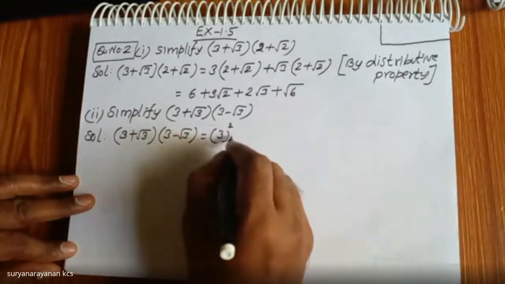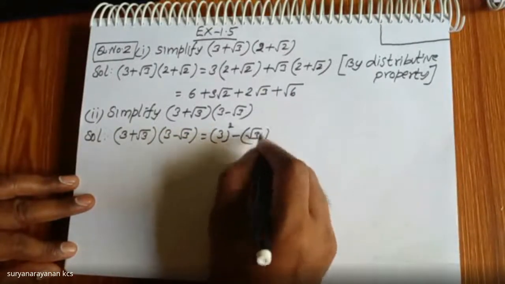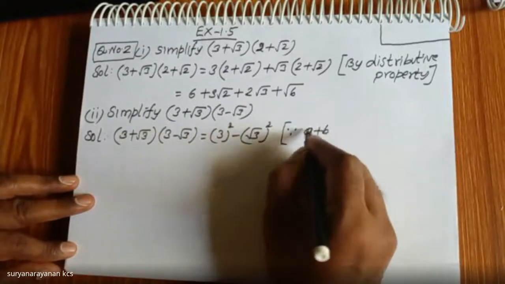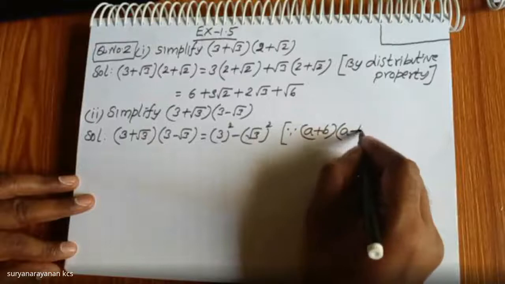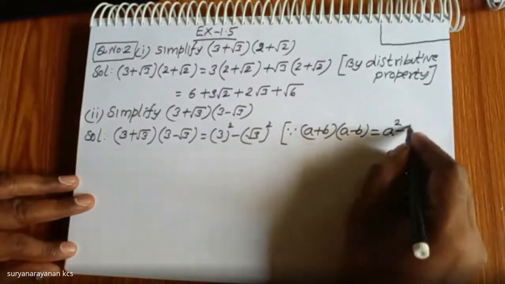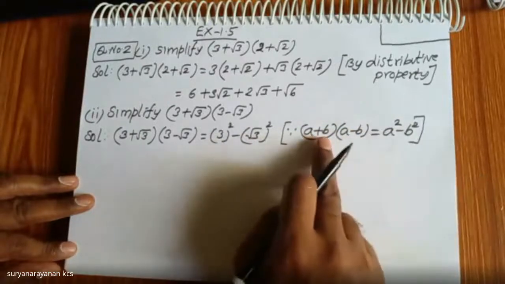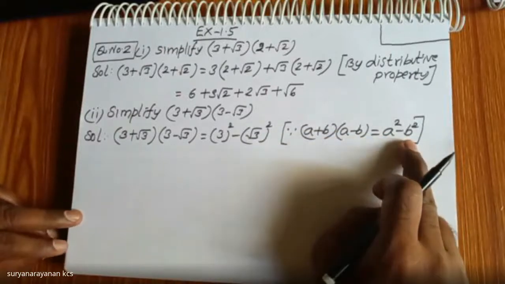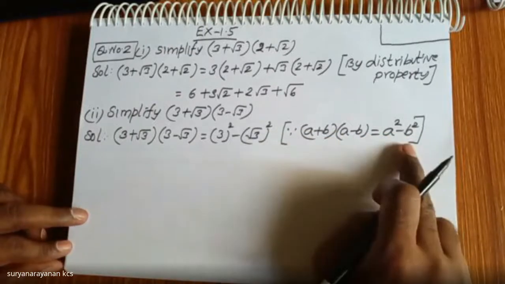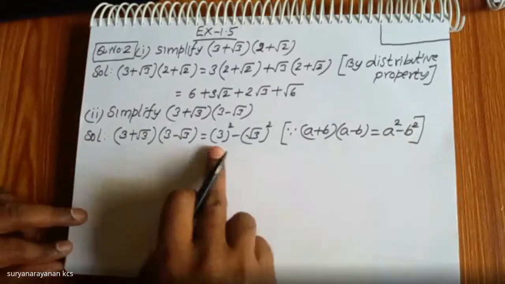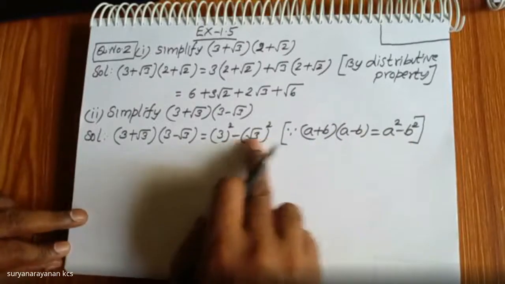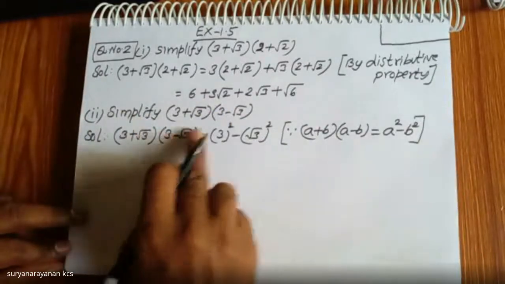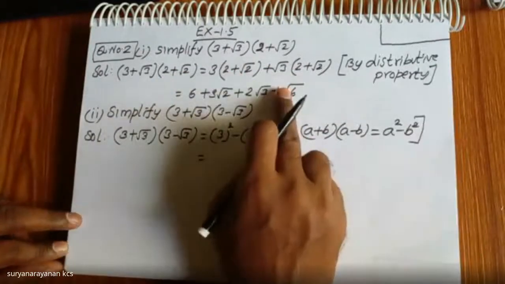So 3 square minus root 3 whole square, because a plus b into a minus b is equal to a square minus b square. By using this algebraic identity, we wrote this step. No need to multiply these two algebraic expressions like this.